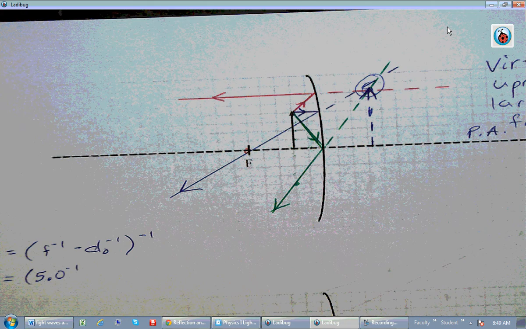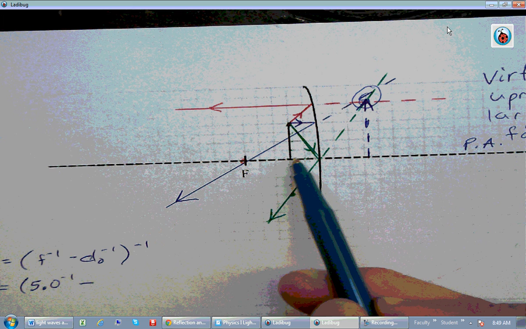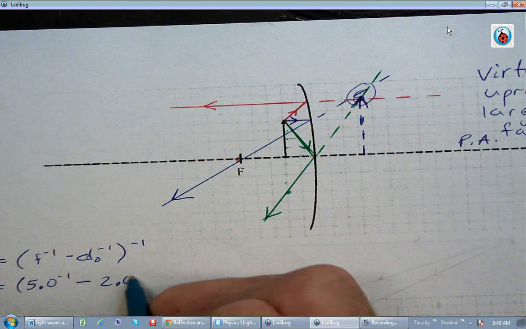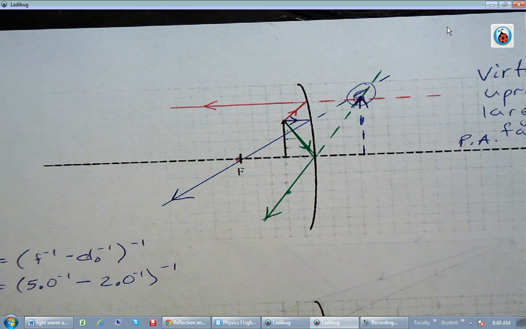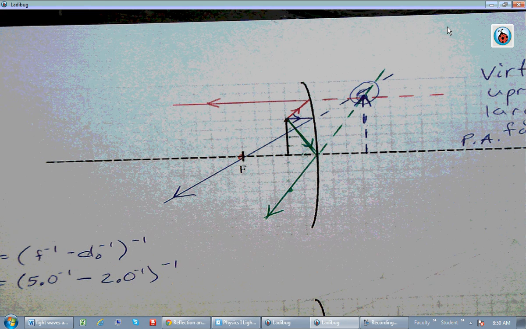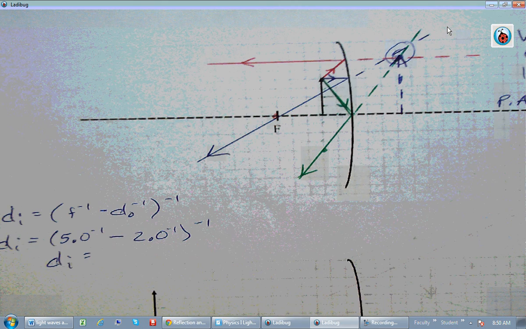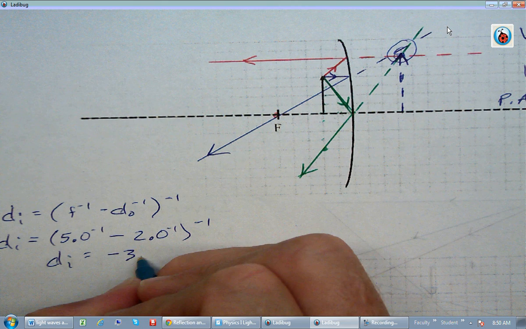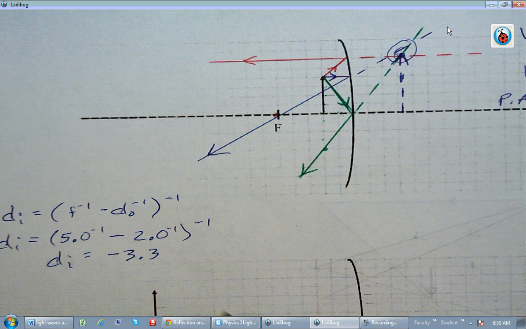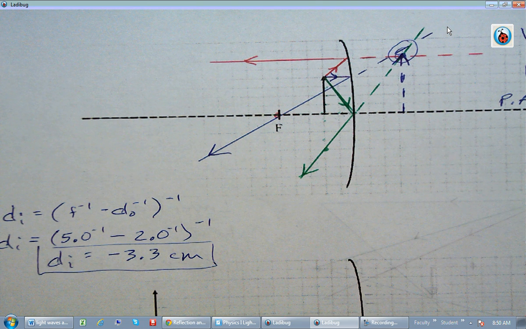So it's the inverse of 5 minus the object distance. Now this I mentioned before is only 2. Okay, so I'm going to take the inverse of 5 minus the inverse of 2. That gives me negative 0.3, and then I need to invert that. And it gives me an image distance of negative 3.3. I'm just going to stop at 2 sig figs there. I'll put my units on, box it because it's kind of a final answer.